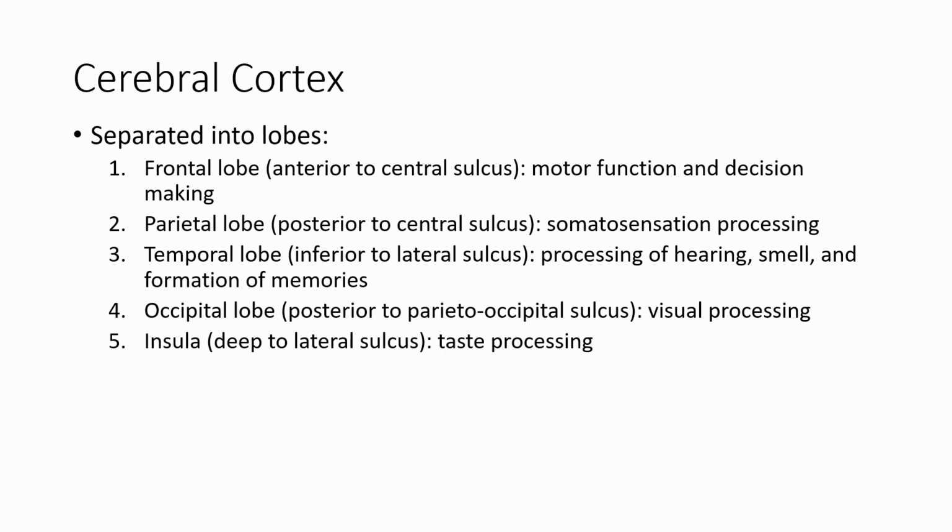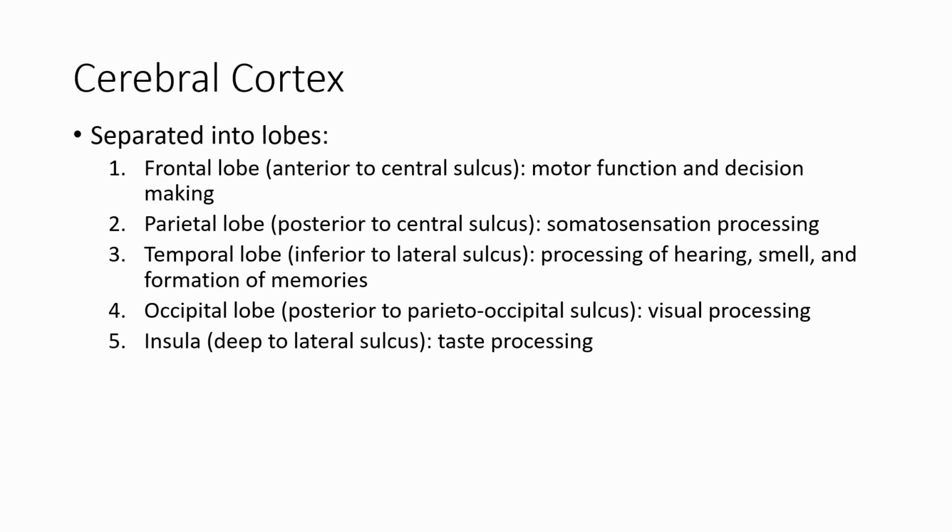But we have 4 lobes of the cerebral cortex, and the names should sound familiar, right? The frontal lobe, the parietal lobe, the temporal lobe, and the occipital lobe. We also have the insula, which is going to help with taste, but I'm most worried about these first 4.